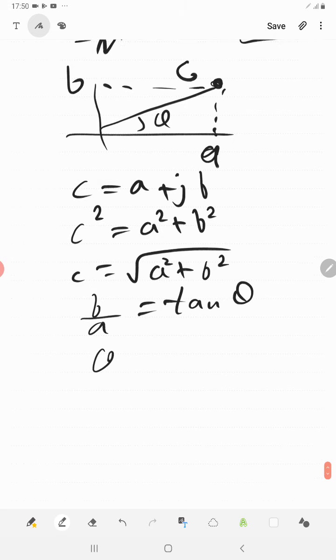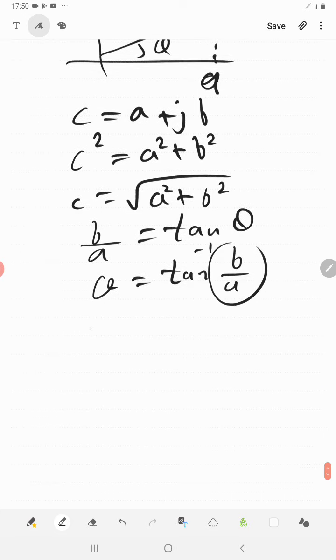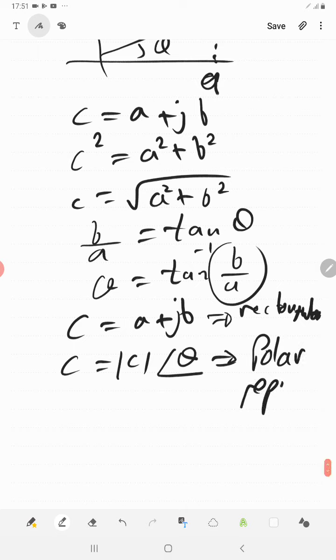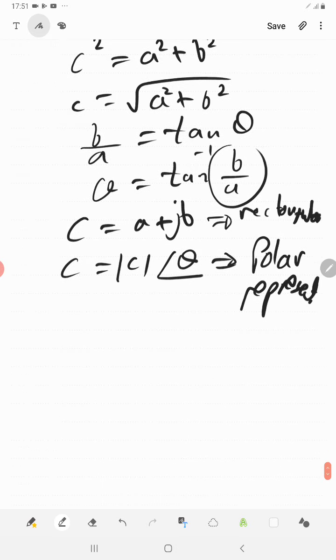So theta is equal to tan inverse of B over A. Either C equals A plus jB, which is rectangular, or C equals the absolute value of C at angle theta, which is polar representation. You know this, and if you go through the notes, it is very simple.